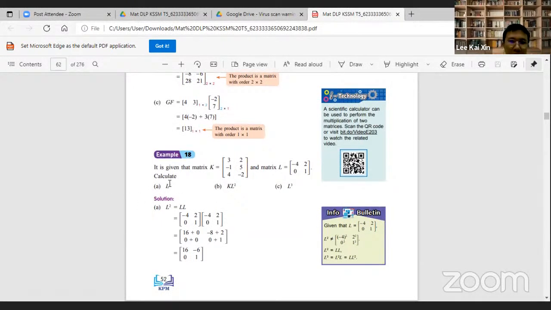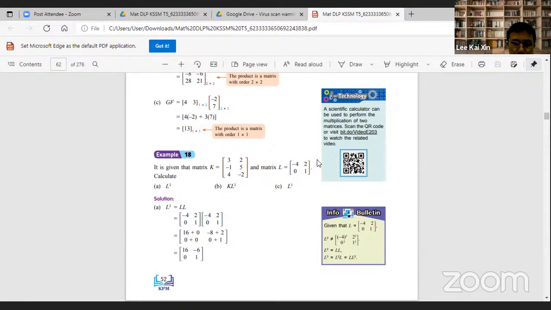Now, if they say L square, it's not L with the square on top. L square means, for your understanding, it is L times L again.